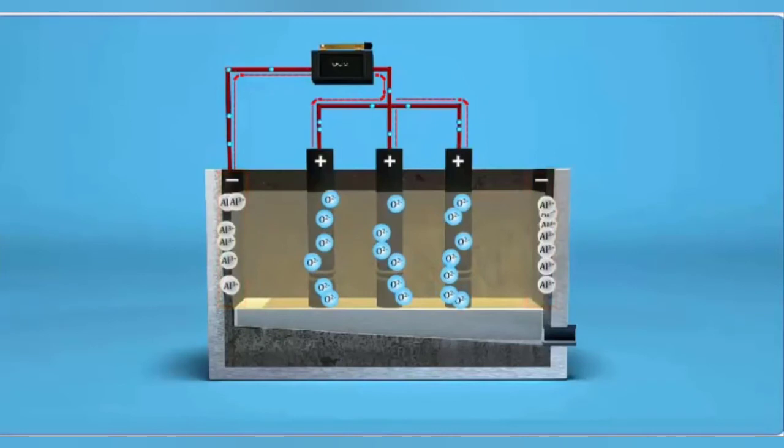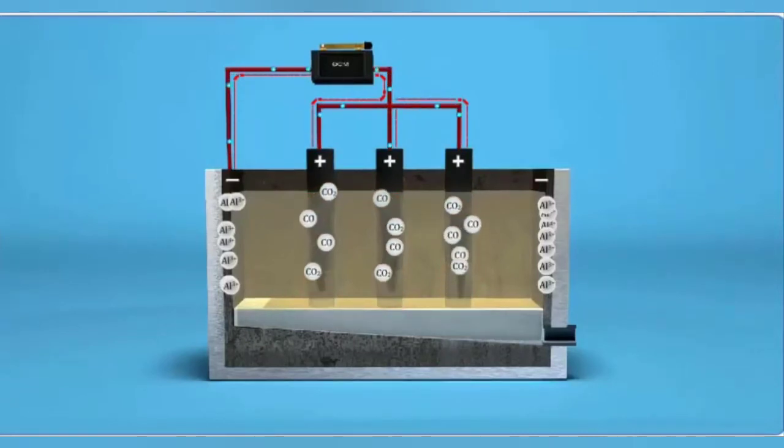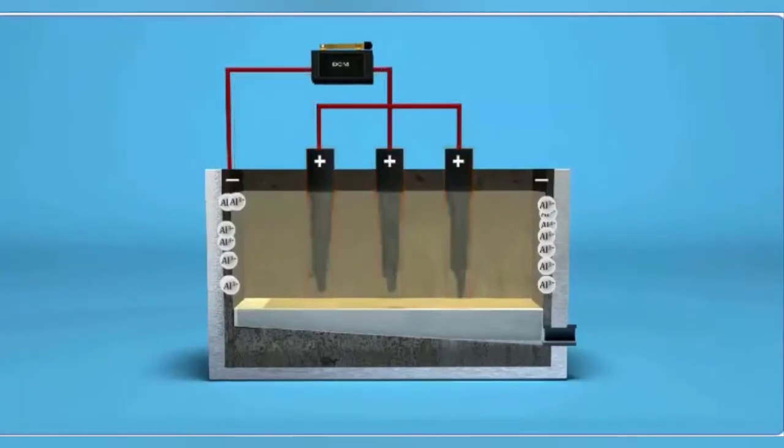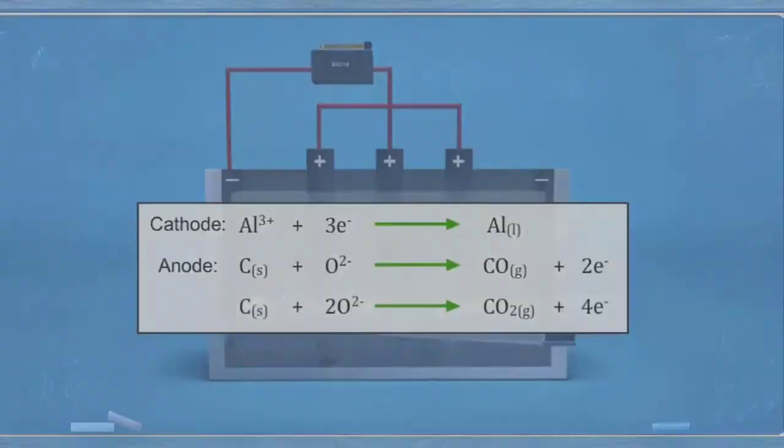Oxygen is liberated at the anode, which reacts with carbon atoms of the anode to form carbon monoxide and carbon dioxide. Finally, the anode will be burnt away. In this way, for every kilogram of aluminium produced, about half a kilogram of carbon will burn away at the anode. These are the reactions which take place at cathode and anode.